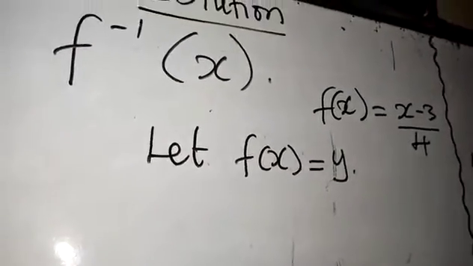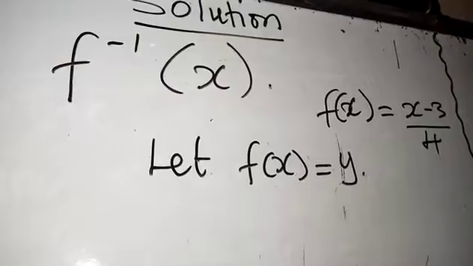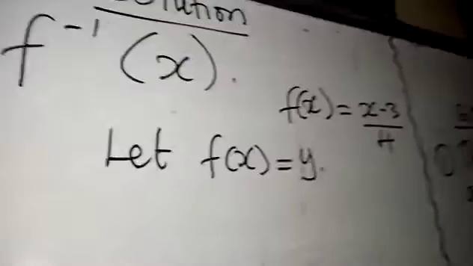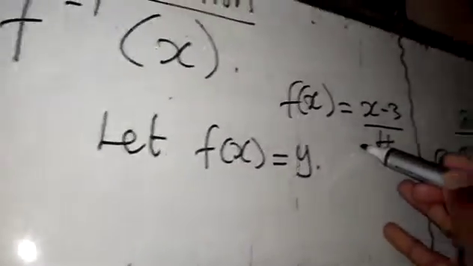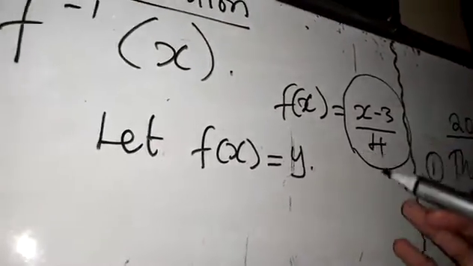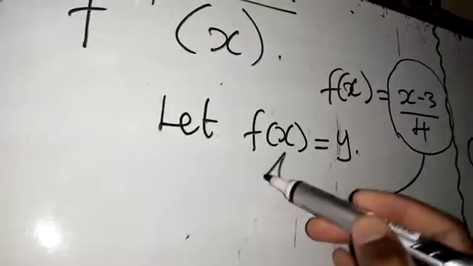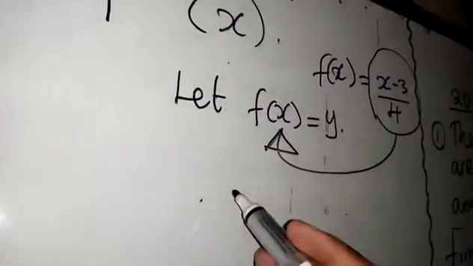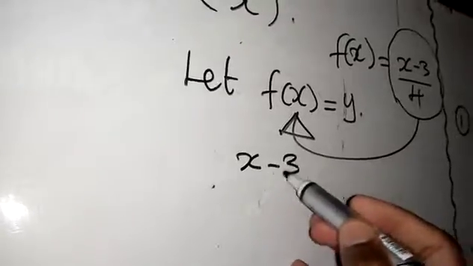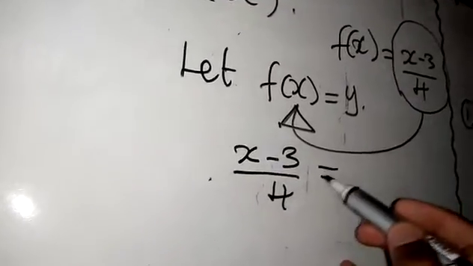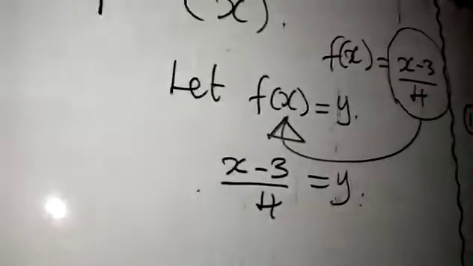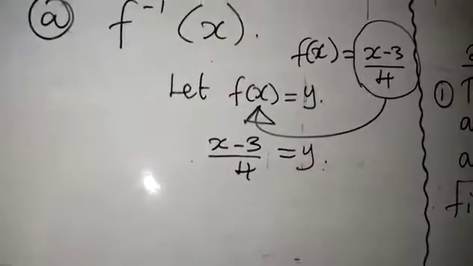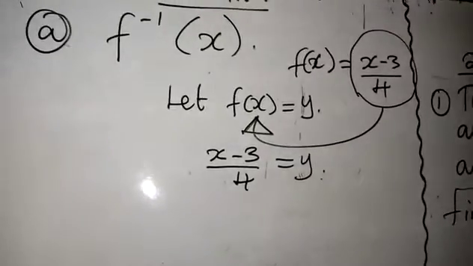You equate the function in question to y. Then our f of x is this one, so it will look like x minus 3 over 4 is equal to y. This is our first step.